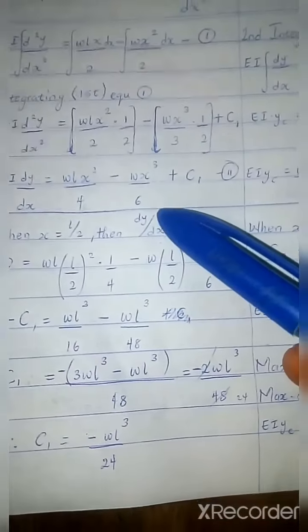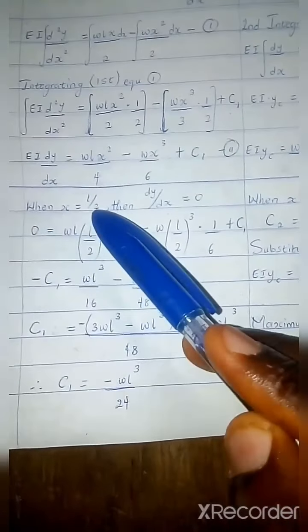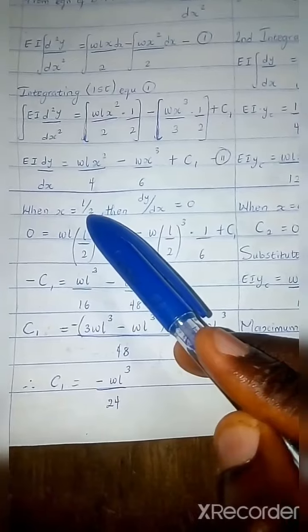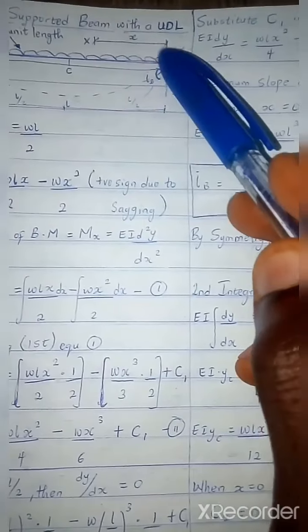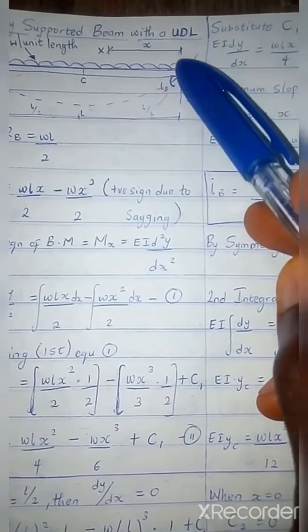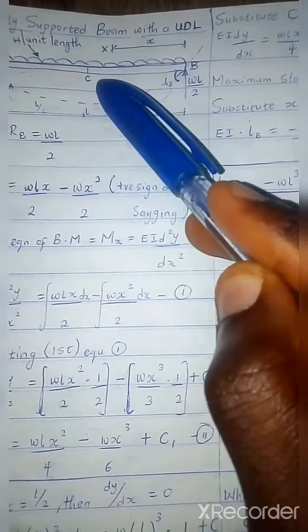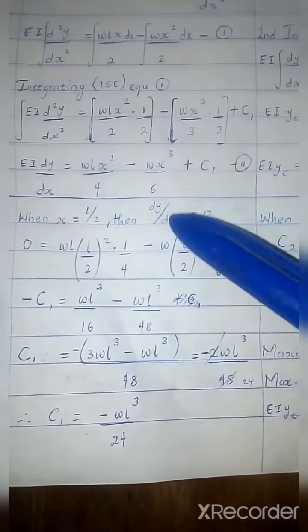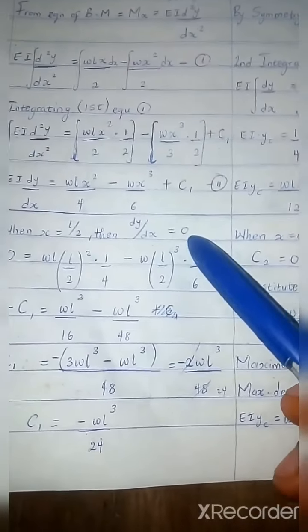So when x is equal to L over 2, dy/dx is 0. We assume x is measured from here, but when x is this distance from point B to the midpoint, that's L over 2. So we come back here, then dy/dx is 0 at that point.